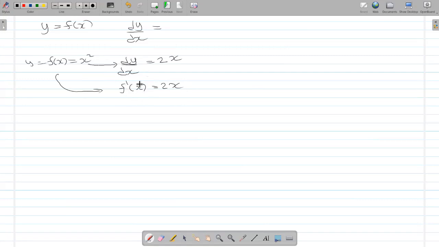Either notation is fine. Here we are saying with what variable we are differentiating, but here I am not saying what variable I am differentiating with respect to; it is implicit, the independent variable.